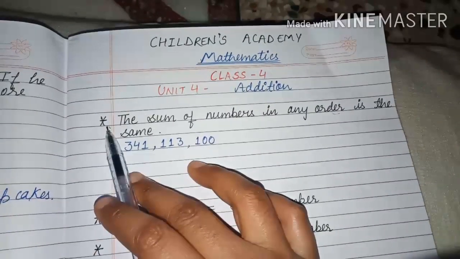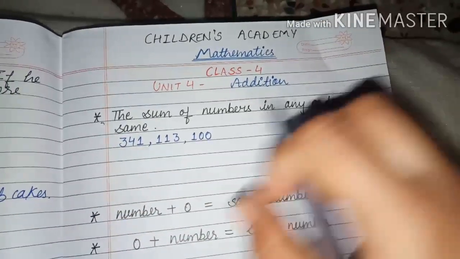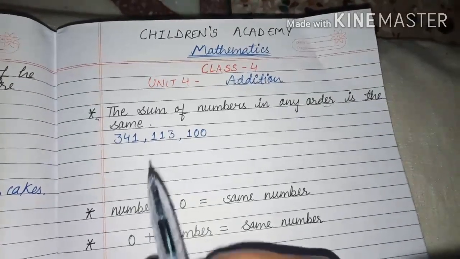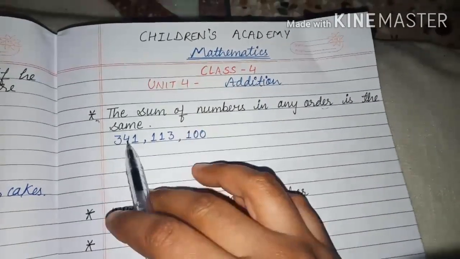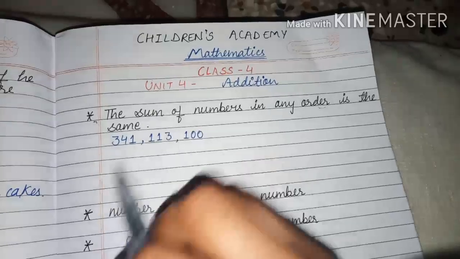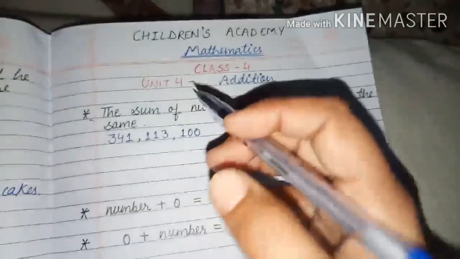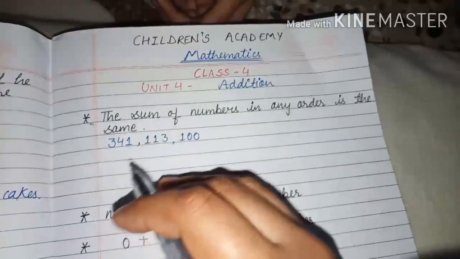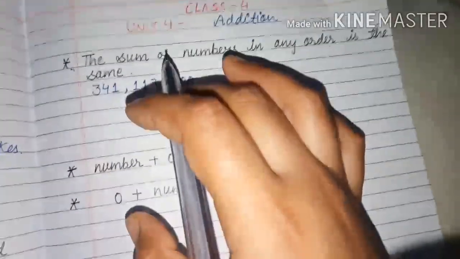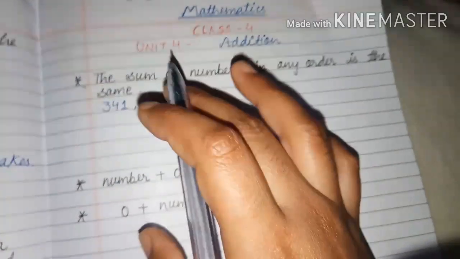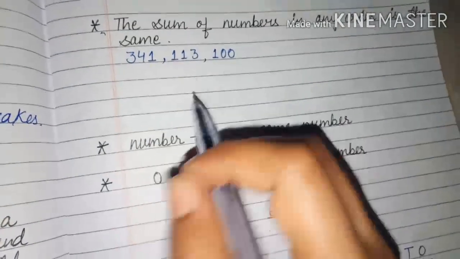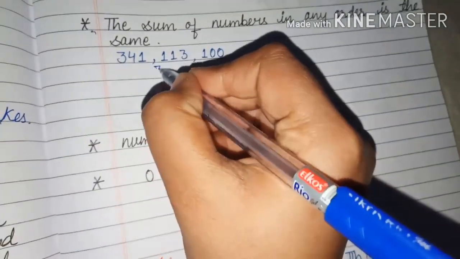So the first point is: the sum of numbers in any order is the same. You know how to add, but let us add 341, 113 and 100 in different orders, and find out whether the sum is the same in any order.